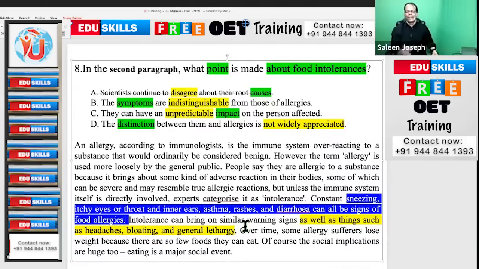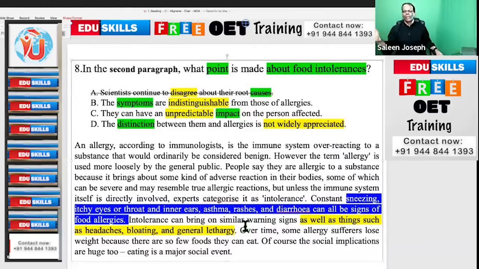One side column you write symptoms of allergies. Number 1, sneezing. Number 2, itchy eyes or itchy throats. Number 4, itchy inner ears. Number 5, asthma. Number 6, rashes. Number 7, diarrhea. These are the symptoms of food allergies. Signs is the synonymous expression of symptoms.